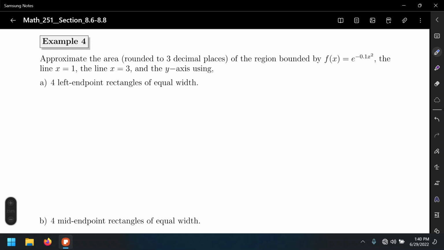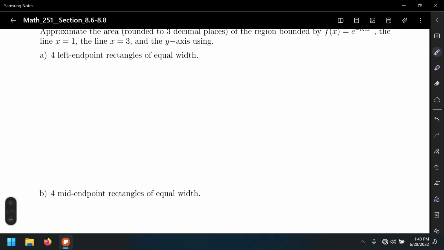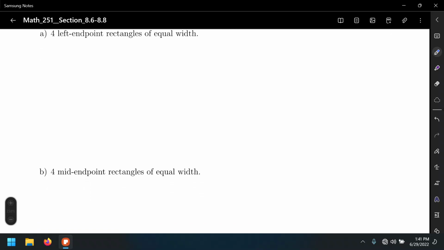So let's approximate the area, rounded to 3 decimal places, of the region bounded by f of x equals e to the negative 0.1 x squared, and bounded by the lines x equals 1 and x equals 3 and the y-axis. Using 4 left endpoint rectangles of equal width and 4 midpoint rectangles of equal width.